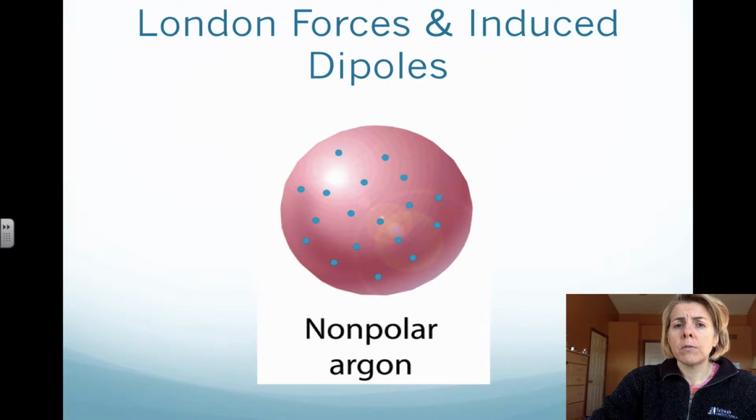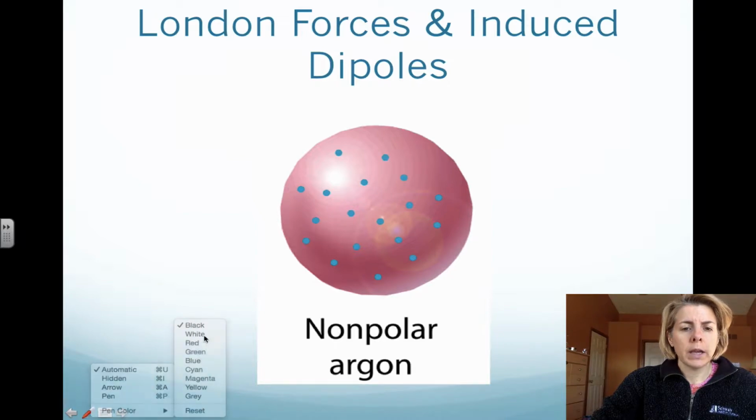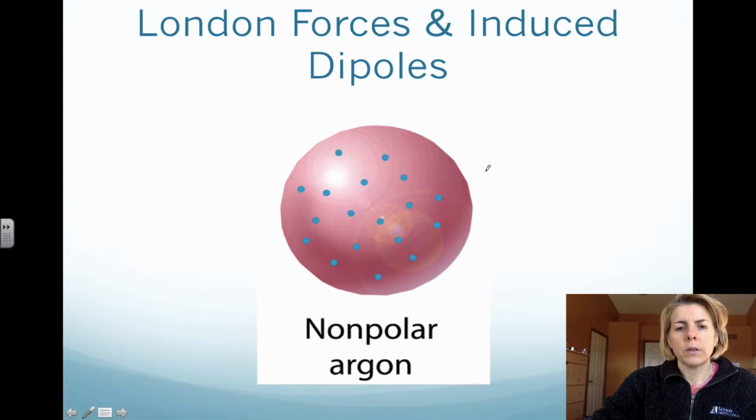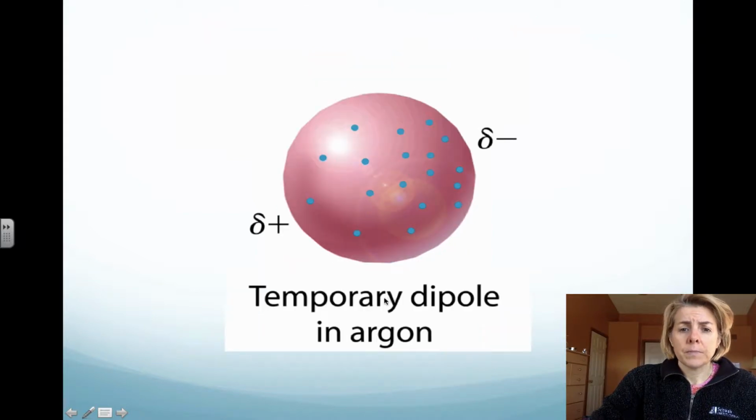So here we have an example of a nonpolar element, and argon is an example here. When you look at the element, it has blue dots, and these blue dots represent the electron density that is found around the element. Now something interesting happens. We have what we call a temporary dipole.